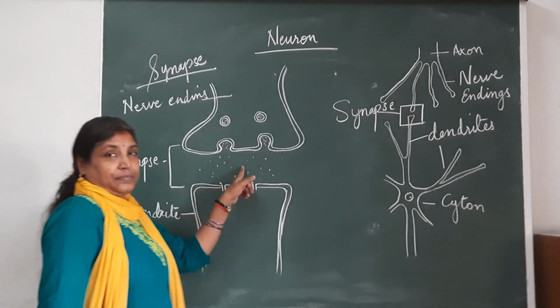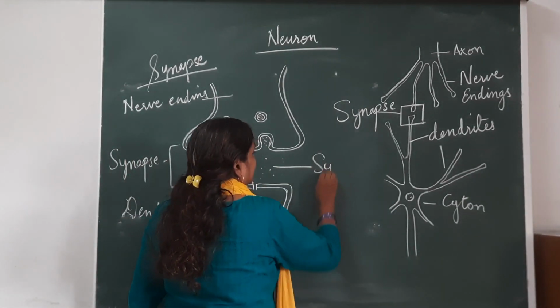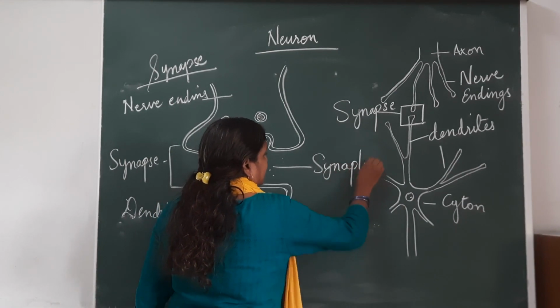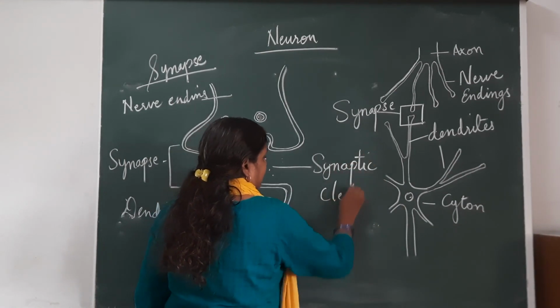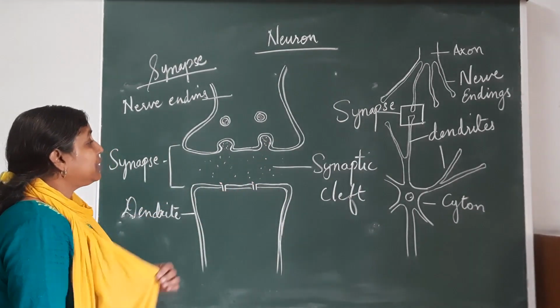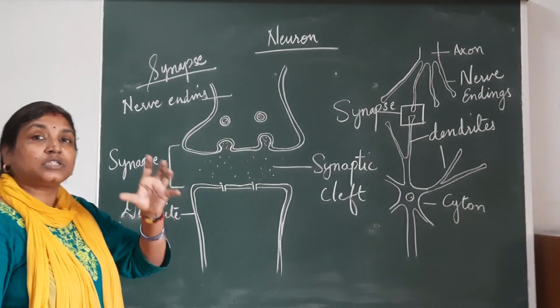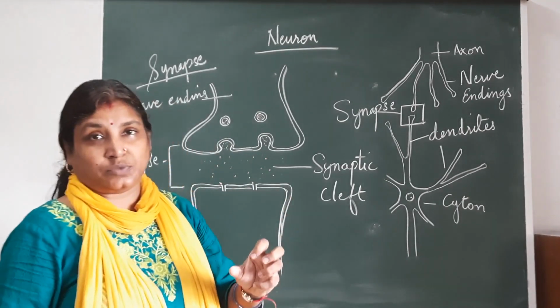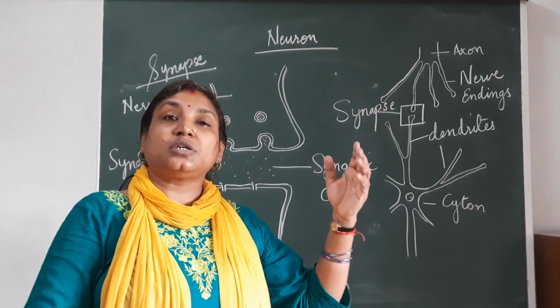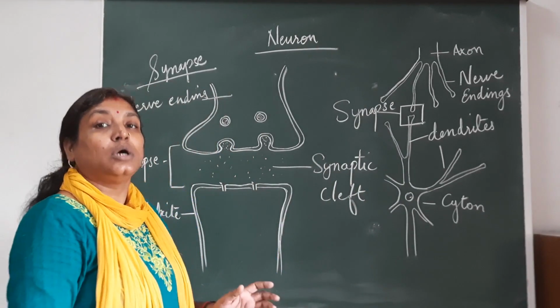And the gap which is there between them is known as synaptic cleft. This gap is always filled with the neurotransmitter which helps in conduction of message from one neuron to another neuron.